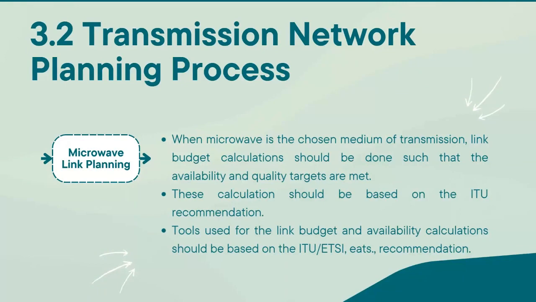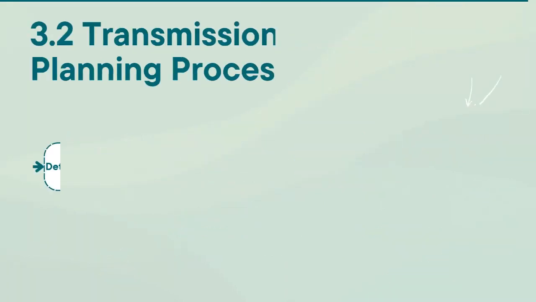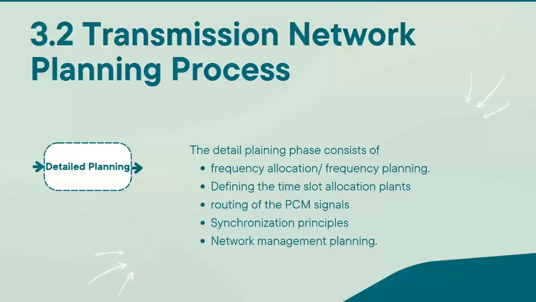So let's move to the last part of the transmission network planning process. It is about detailed planning. Detailed planning is a stage in the network planning process that involves creating a detailed plan based on the high-level plan developed in the previous stage.